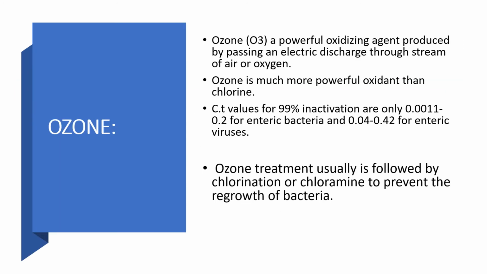Ozone is a powerful oxidizing agent produced by passing an electric discharge through a stream of air or oxygen. Ozone is more expensive compared to chlorination when applied to drinking water, but has increased in popularity because it does not cause cancer. Ozone treatment usually is followed by chlorination or chloramine to prevent the regrowth of bacteria. Ozone is a more effective and powerful oxidant than chlorine.